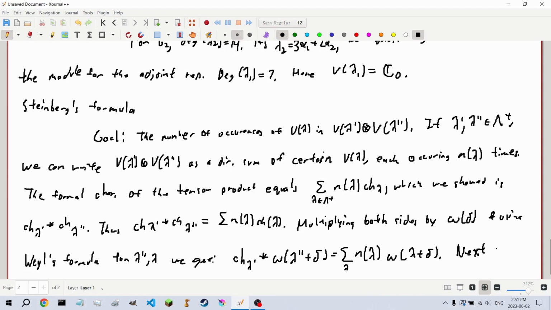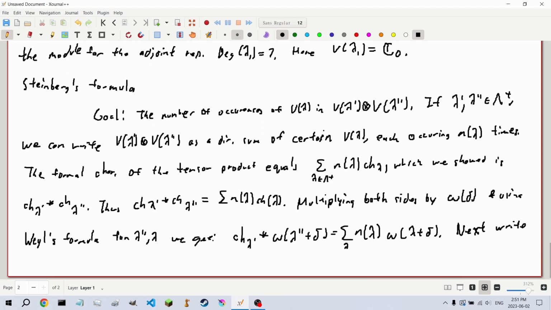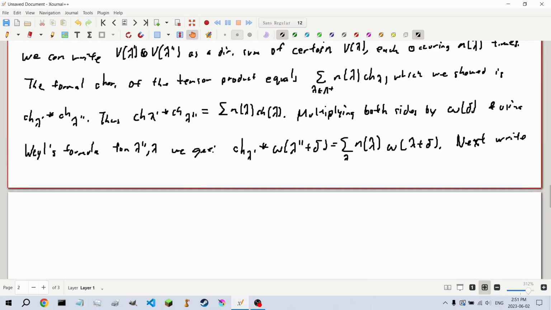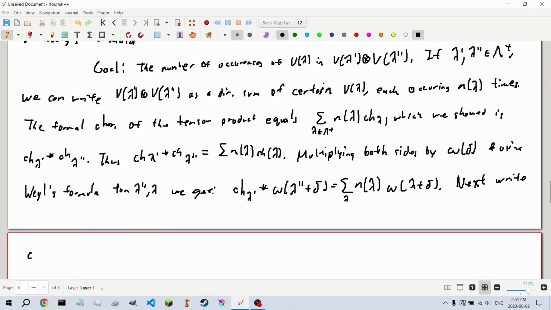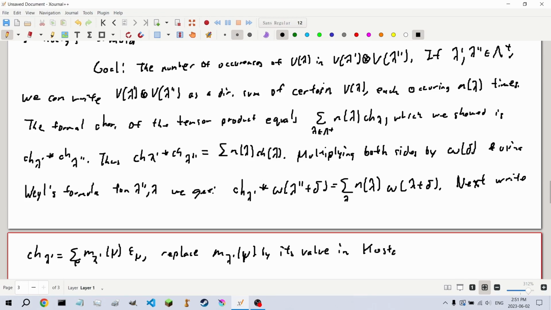Next, on a new page, write out the character of lambda prime, formal character, as the sum over mu of m lambda prime of mu times eta mu, and replace m lambda prime mu by its value in Kostant's formula.